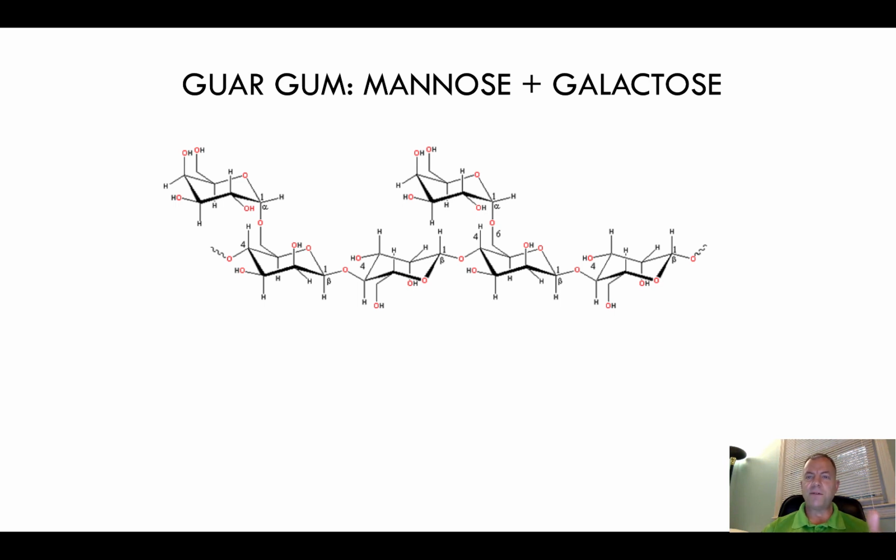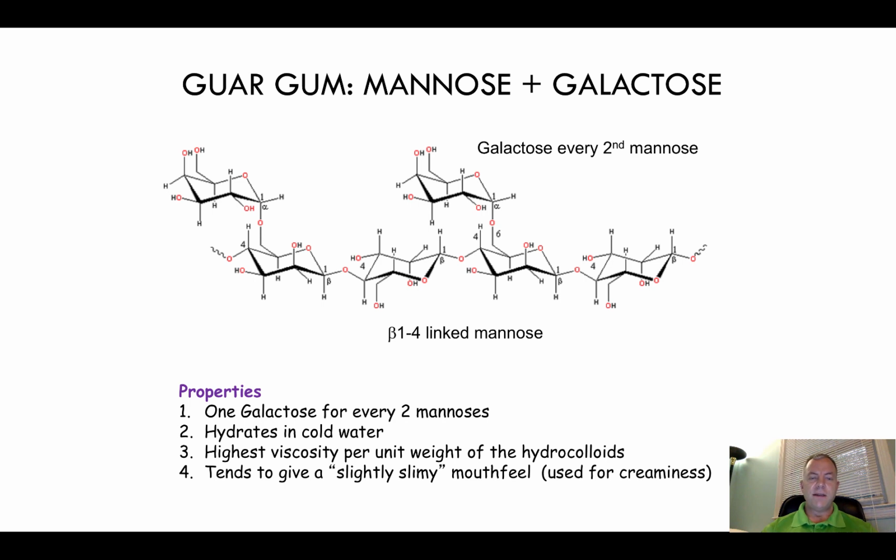So mannose and galactose forming this one, you start to see the diversity now of the sugars that are used in these hydrocolloids versus just glucose in say starch, or glucose as a basis for cellulose. Now we're getting into mixes of different types of sugars. So it's beta 1,4 linked mannose, and then you have galactose every second mannose.